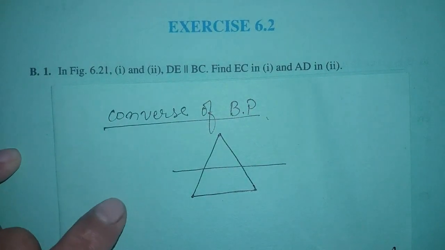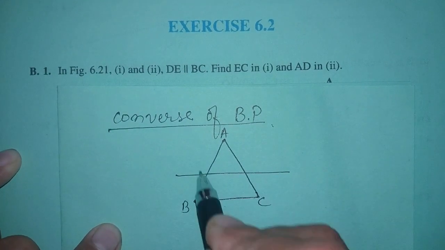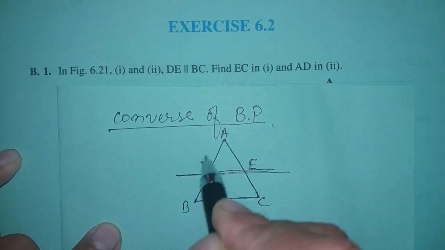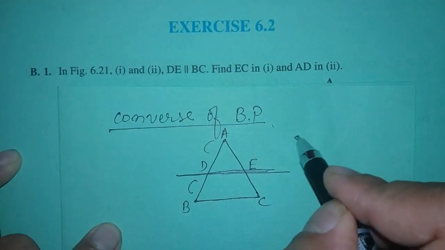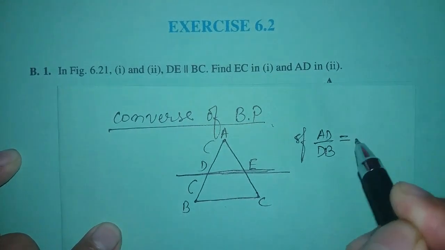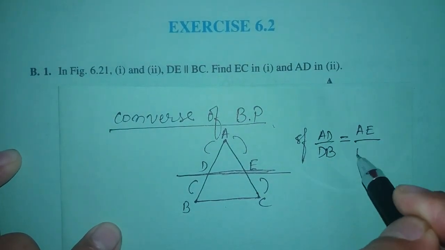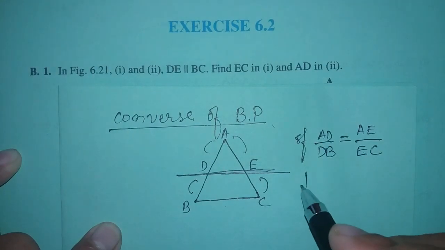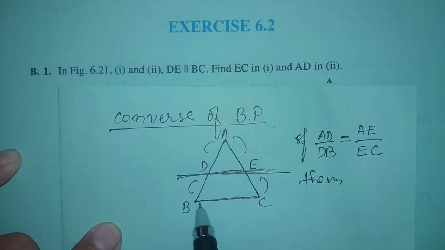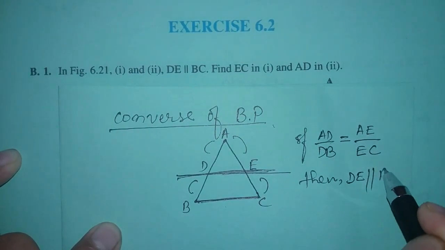So what the converse says is that if we draw a line in such a way that the ratio of these two are equal, that is, if AD by DB is equal to AE by EC, then this line will be parallel to this line. Then DE will be parallel to BC.